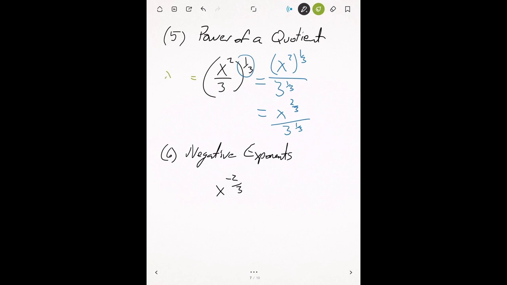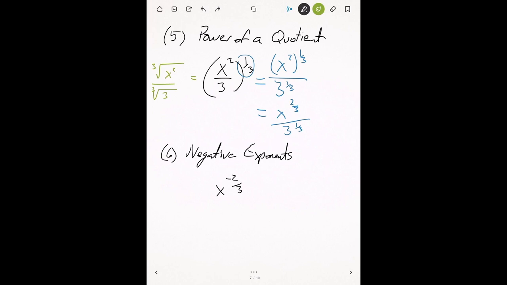That's x squared to the 1/3 power over the third root of 3. And you'll notice, wait a minute, I have a radical in the denominator. We cannot have this, cannot have a radical in the denominator. So, what should we do?